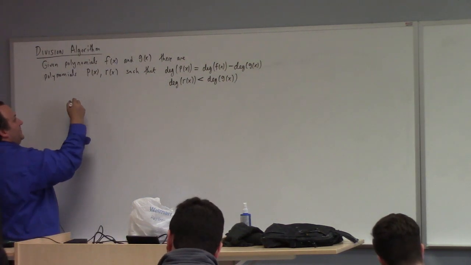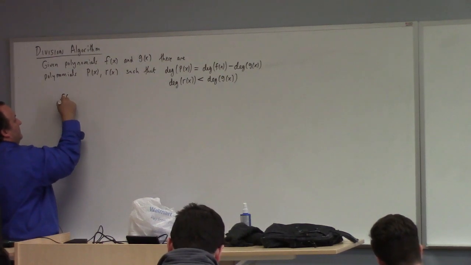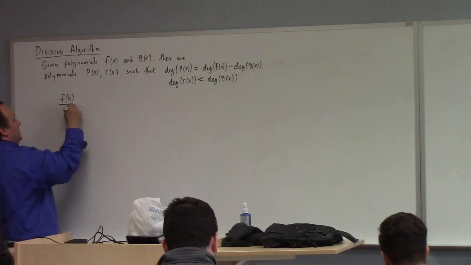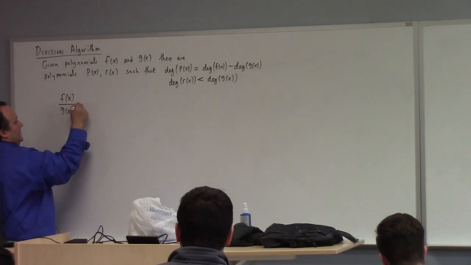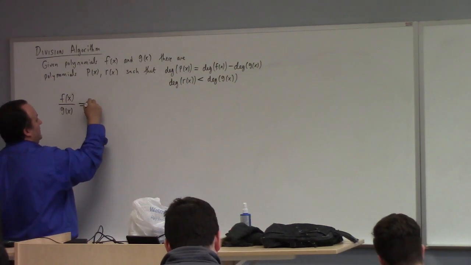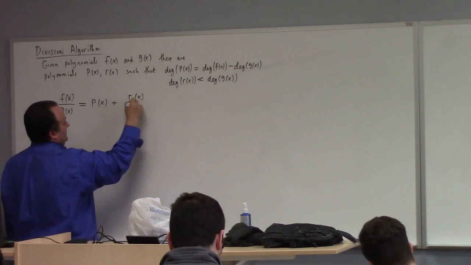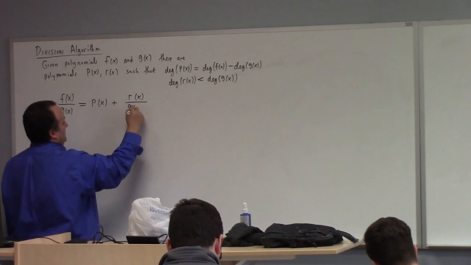And here's what happened. f of x over g of x is equal to p of x plus r of x over g of x.